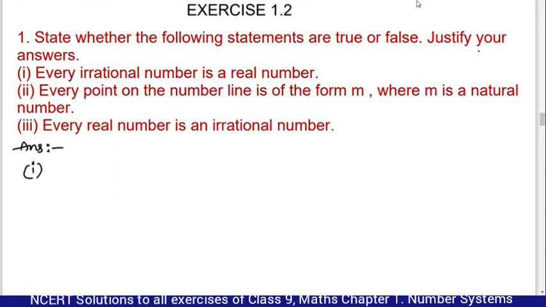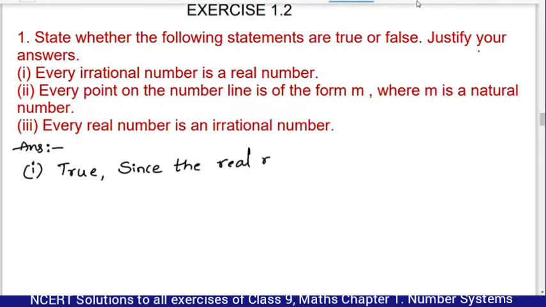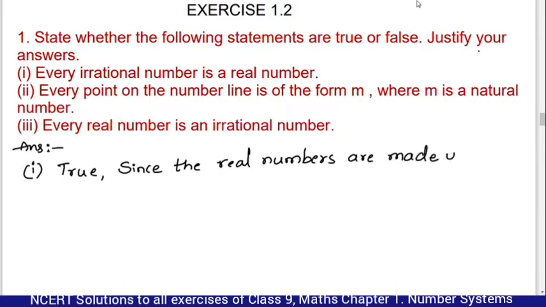And third one, every real number is an irrational number. Now first one, it is true since the real numbers are made up of rational and irrational numbers.